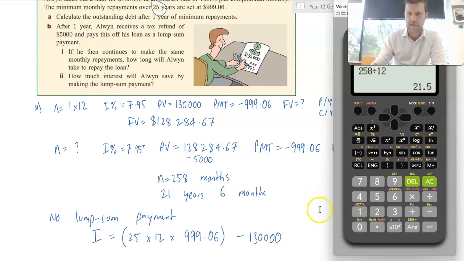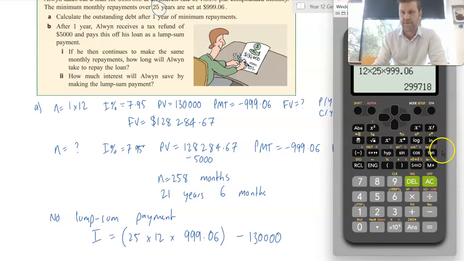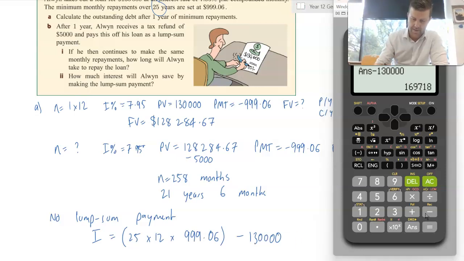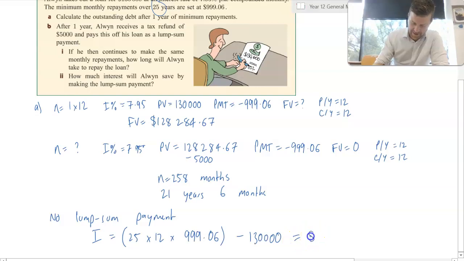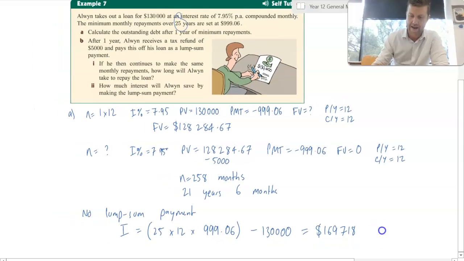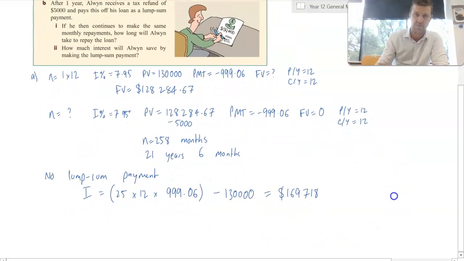So that would be 12 times 25 times 999.06, which works out to be $299,718 in total, minus the amount he borrowed of $130,000. Tells me that the interest he would pay is $169,718 if he did not make that lump sum payment.